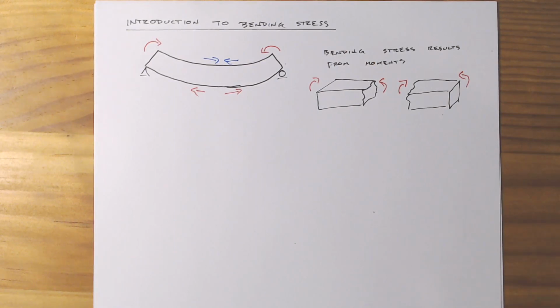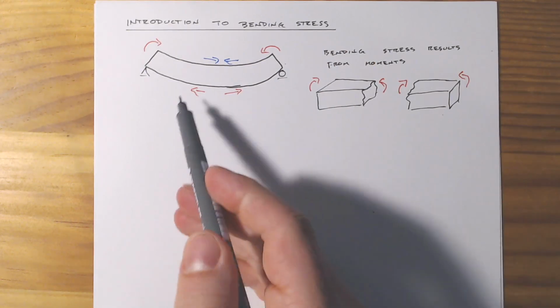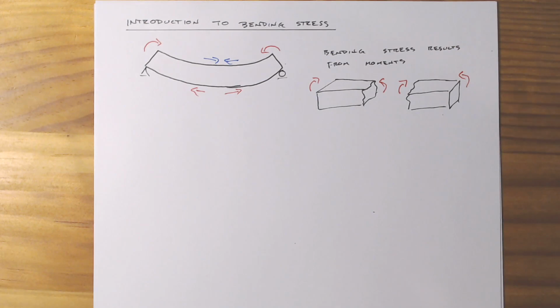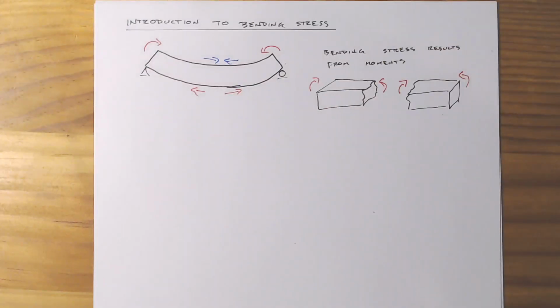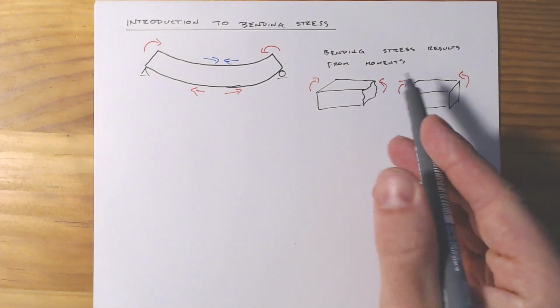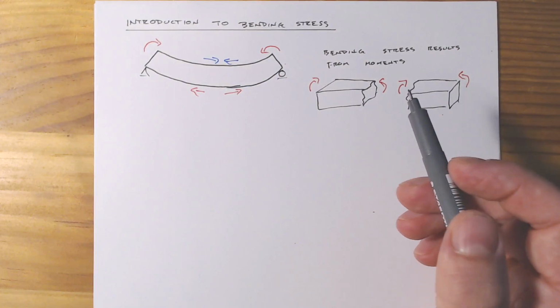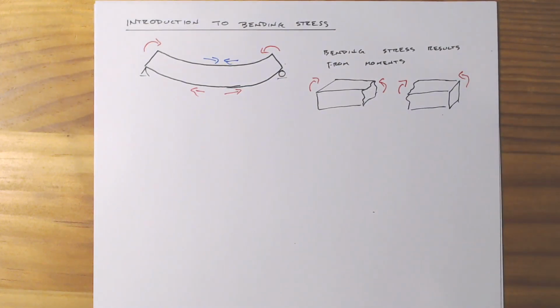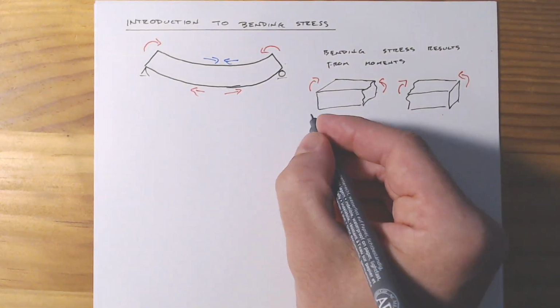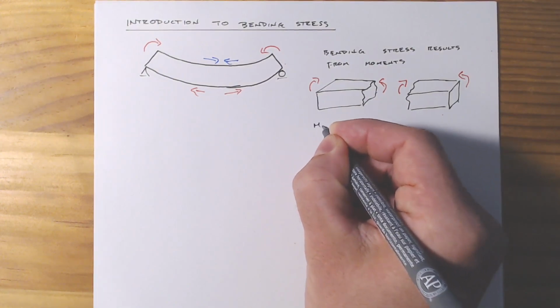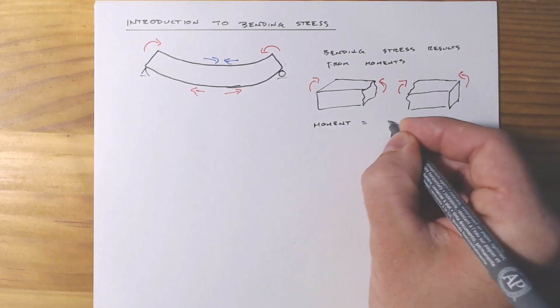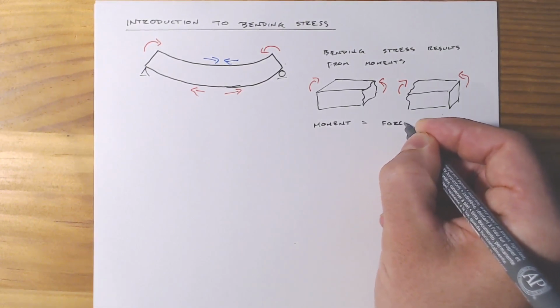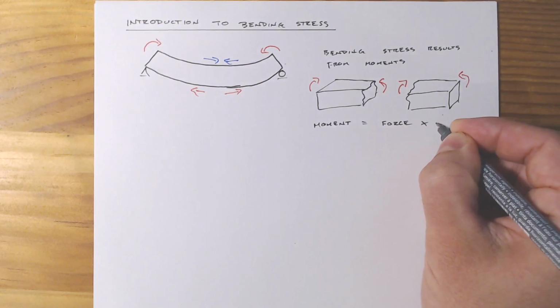Now we can use this concept that we're stretching the bottom and we're compressing the top when we put a moment in this direction, and really go back to thinking around, well, what is this moment? We get used to talking about it when we're doing our equilibrium equations, but a thing to just keep in mind is really that a moment is simply just going to equal a force multiplied by a distance.